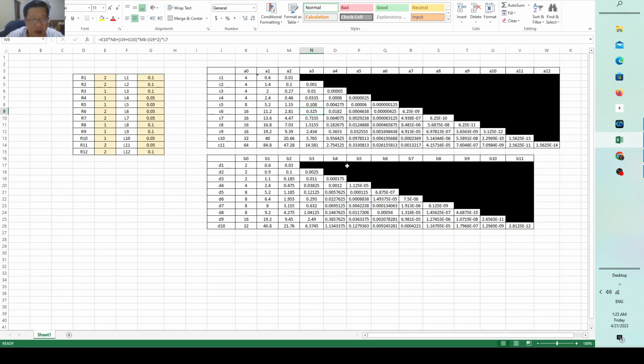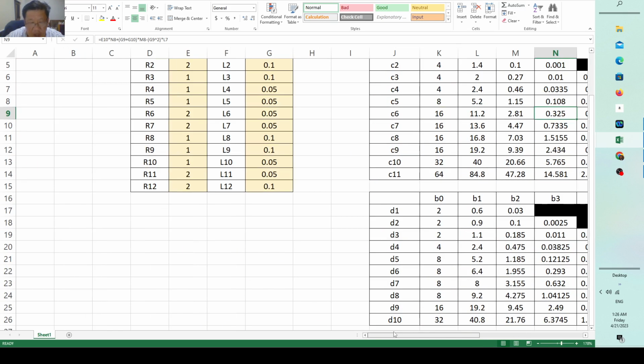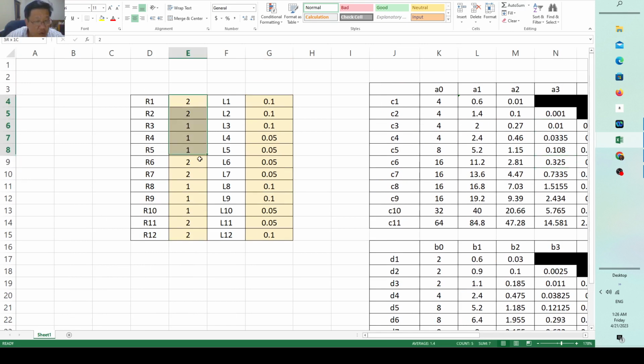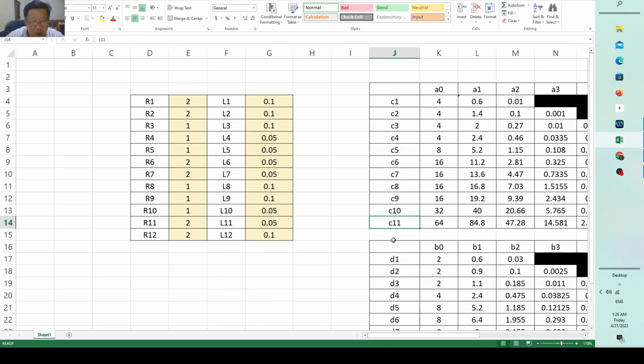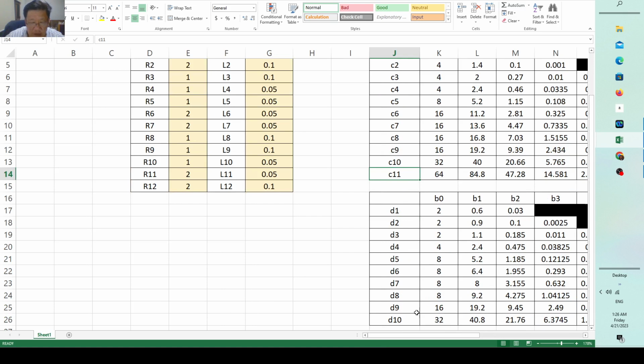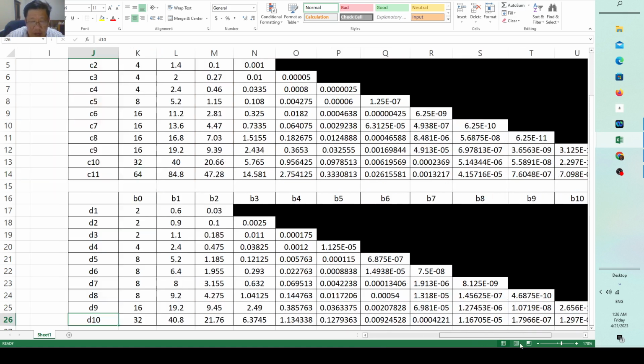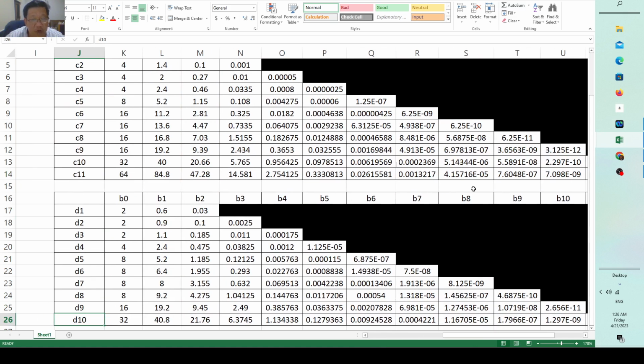In the second file, I just put everything complete here. If you keep continuing up to the 12th loop of the cascade for this given value of L, with this formula we can continue computing up to C11, because to complete all 12 loops you need C11 and then D sub 10 over here. So it's already computed for you here.